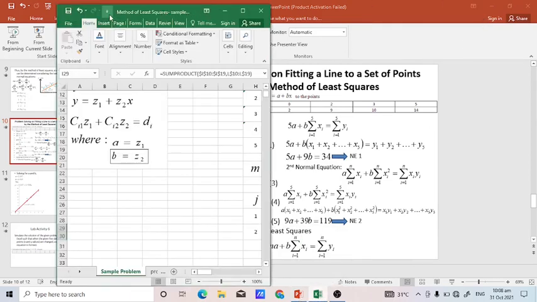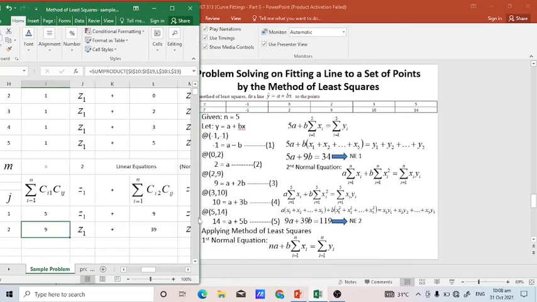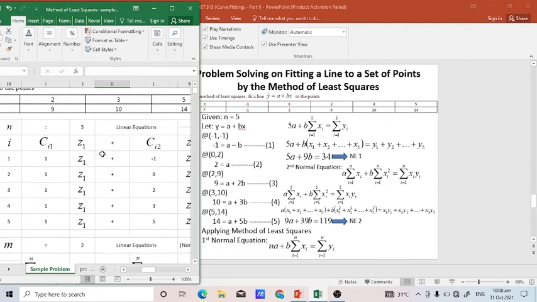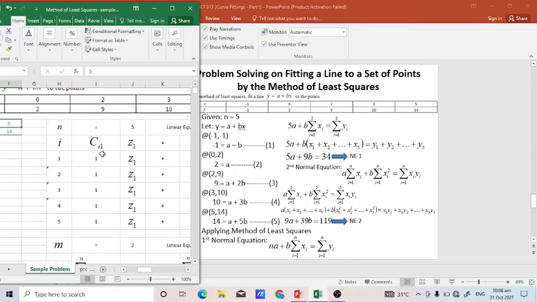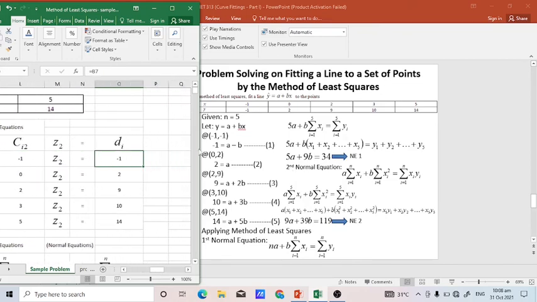Ayan, no? Ito. Kasi ang goal natin ay ito. 'Di ba? At negative 1, negative 1. O, negative 1 equals a minus b. No? So, ito 'yon. Negative 1, yun yung y.